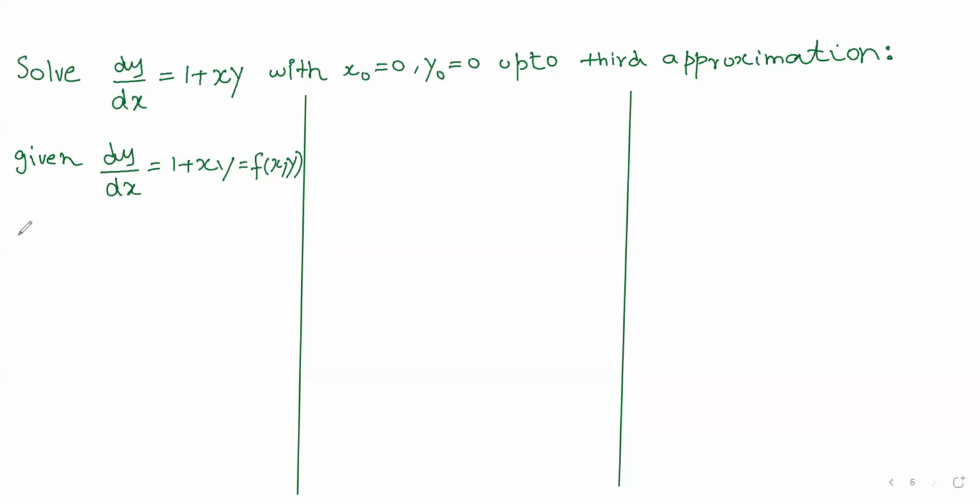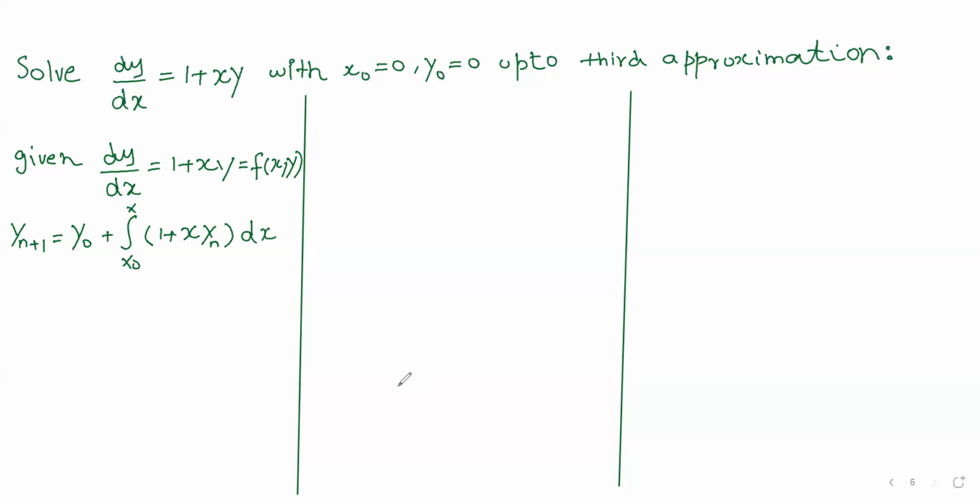So our formula is y(n+1) is equal to y0 plus the integral from x0 to x of, we're going to put it in here, 1 plus x y_n, dx.